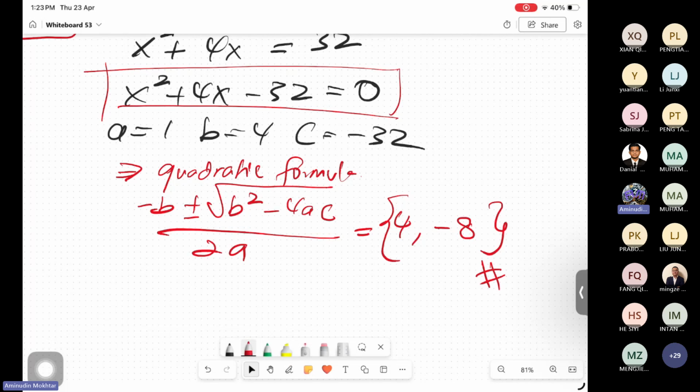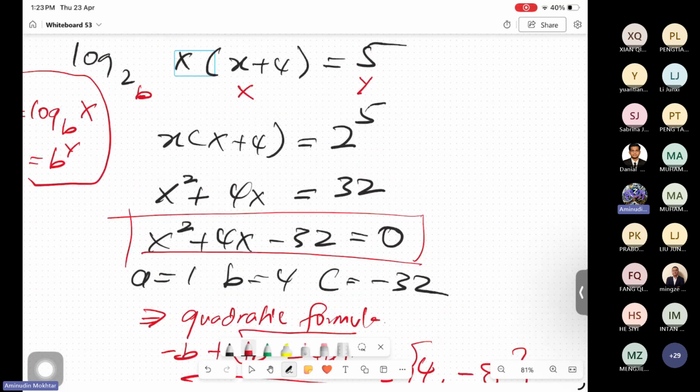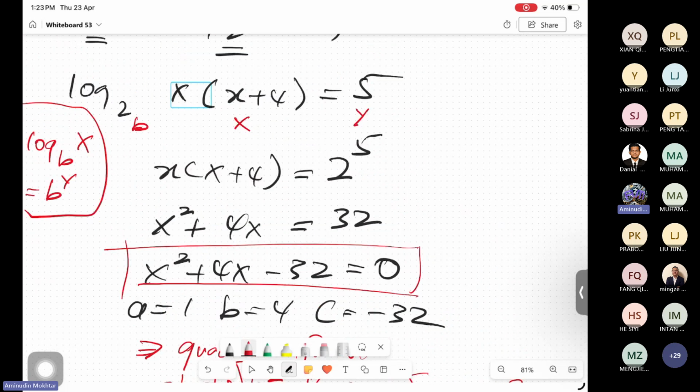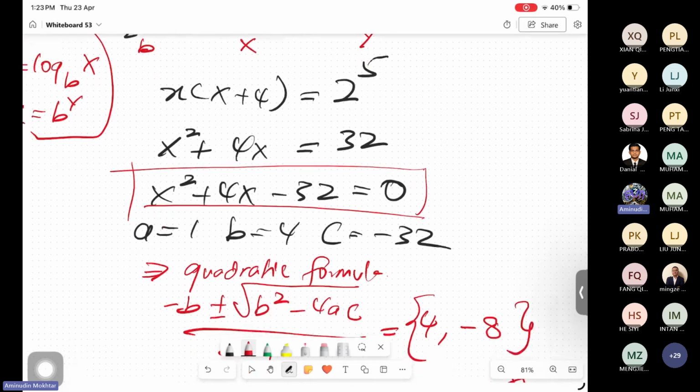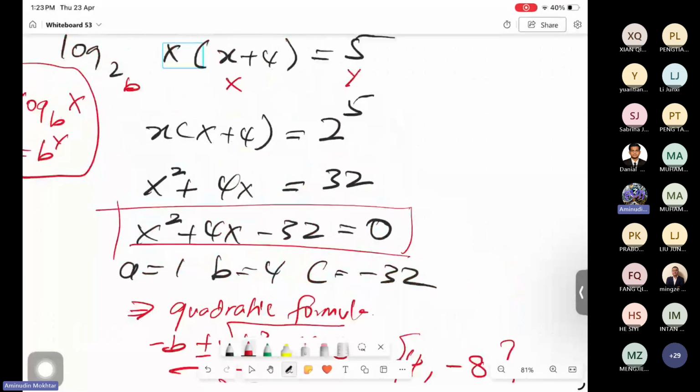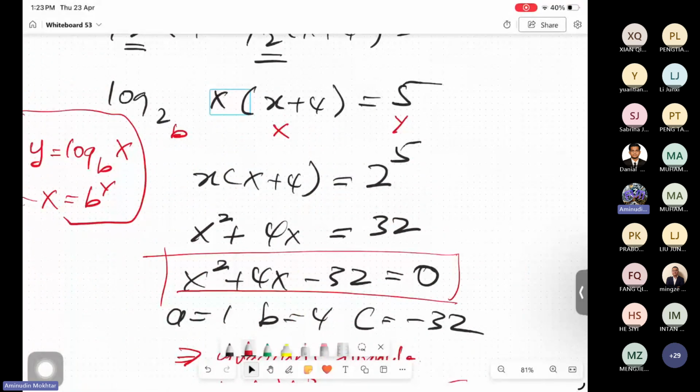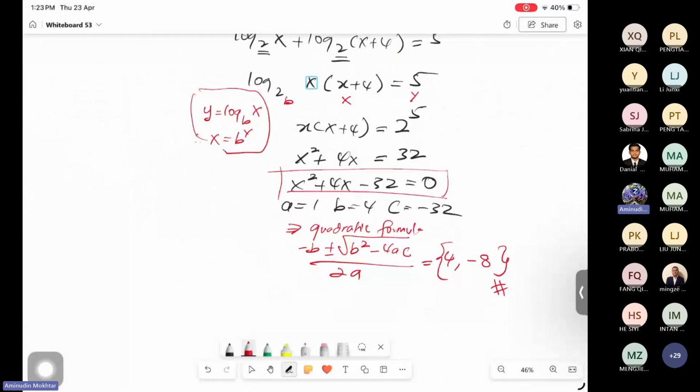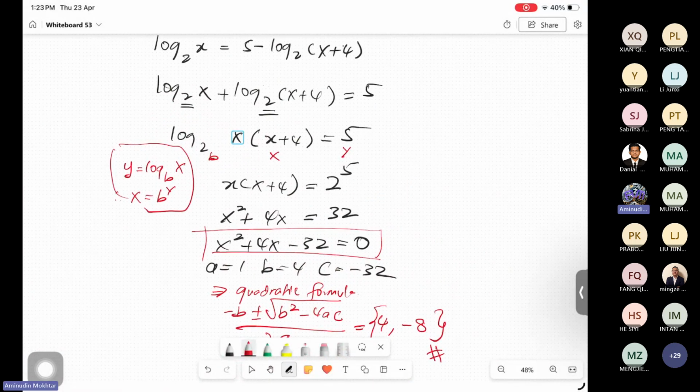As you can see in this example, in order to solve the log equation, we need other formulas and other information, for example the quadratic formula, in order to find the value of x. This shows the relationship between all the functions. Sometimes we need to apply the concepts of quadratic, log, exponent, or linear.